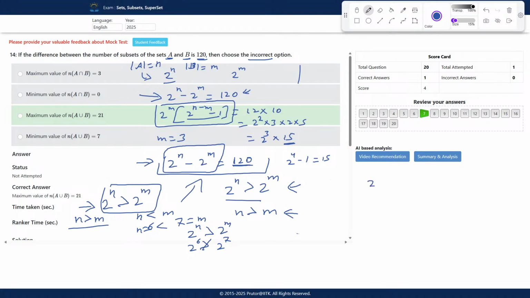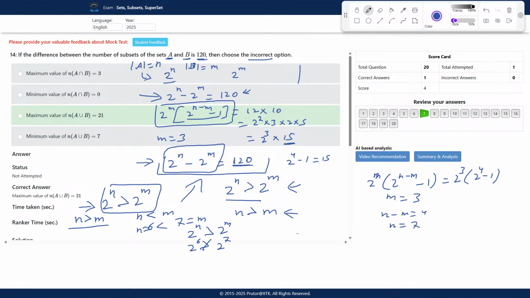So now what we did is take 2 raised power m common. So 2 raised power n minus m minus 1 is equal to 2 cube minus something like this. So by comparing, m is 3, n minus m is 4, which means n is 7.